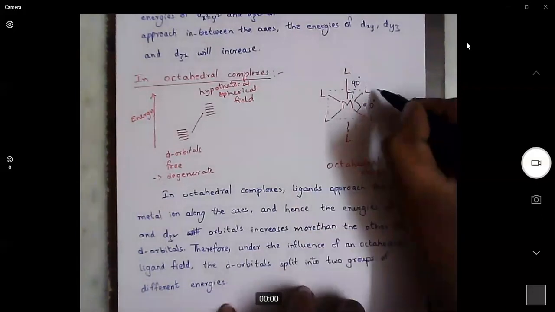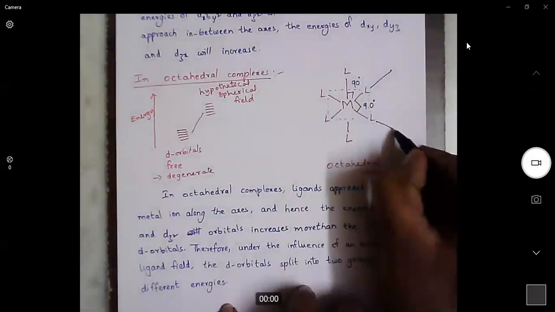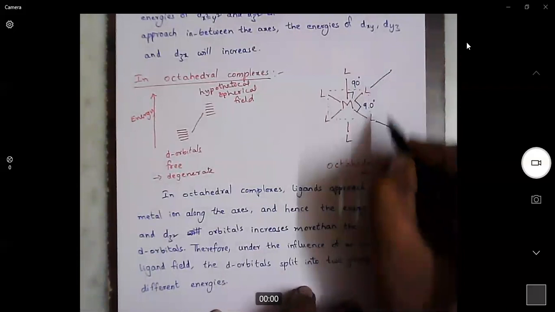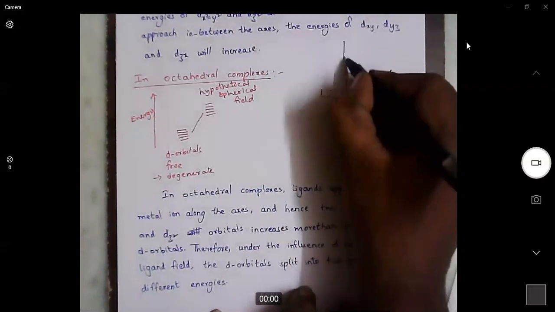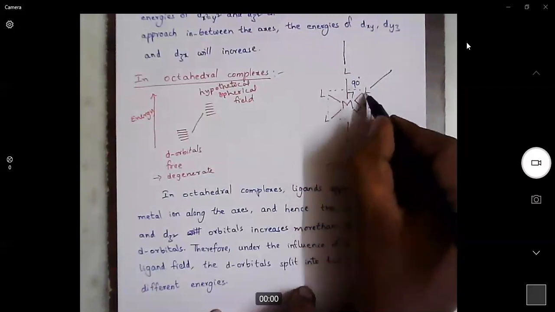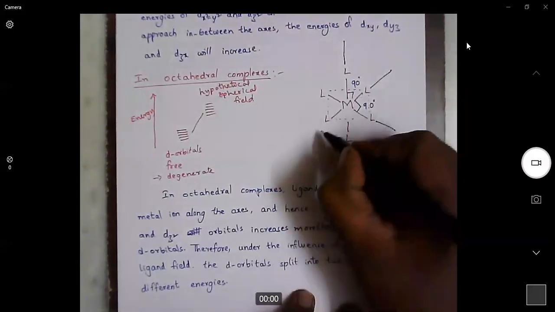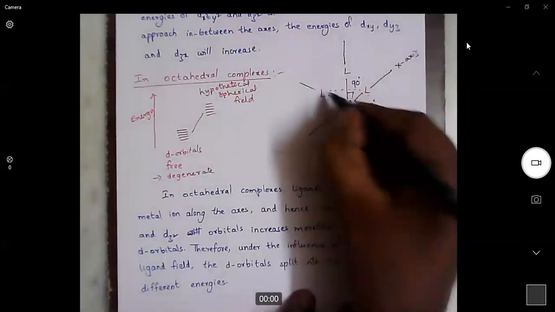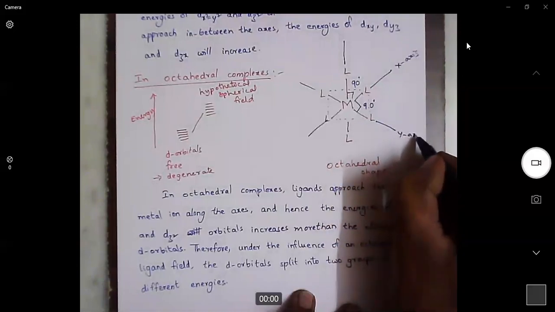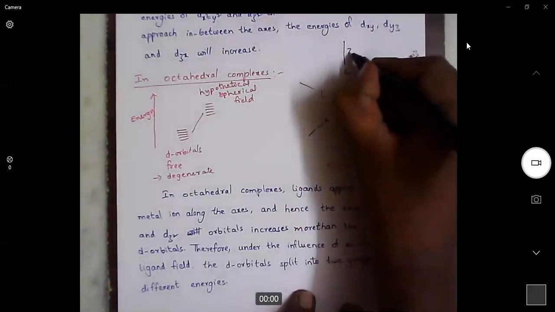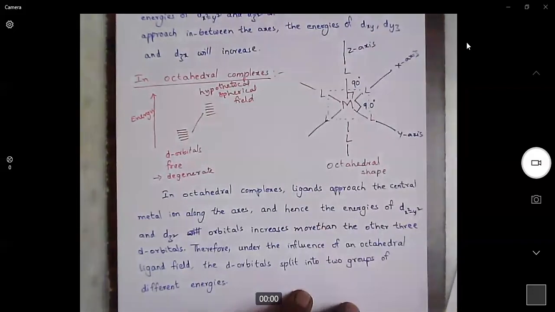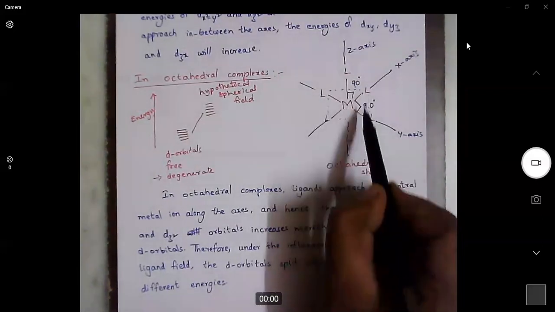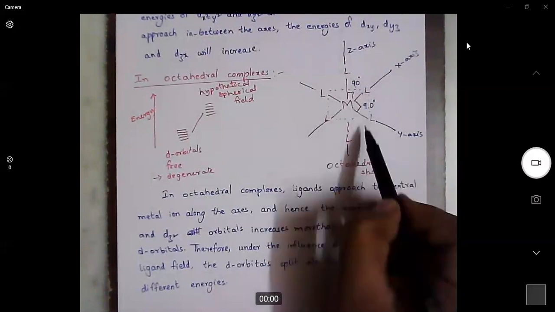That means this line and this line are both perpendicular to each other. At the metal center, these two axes are perpendicular to each other. At the same time, a line along this direction is also perpendicular. So we imagine the x-axis along this direction, y-axis along this direction, z-axis along this direction, because we have a 90 degree angle between x and y axis, as well as x and z axis.